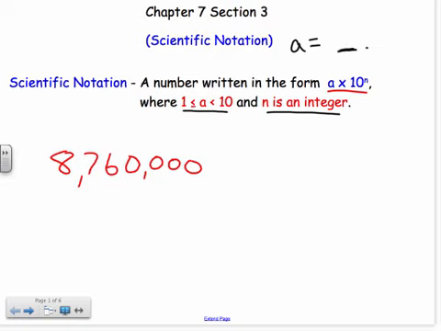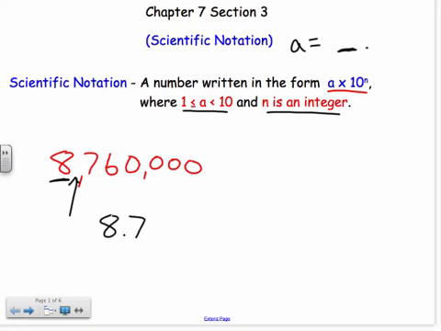Because my number is going to be between 1 and basically like 9.999, right? It can't be bigger than 10. So if I look in this number, 8,760,000, I want to put my decimal right in between the 8 and the 7, because then I'm only going to have one digit left of the decimal. If I put it anywhere else, I'll have more digits left of the decimal. So that's my first step. I put my decimal right after that 8.